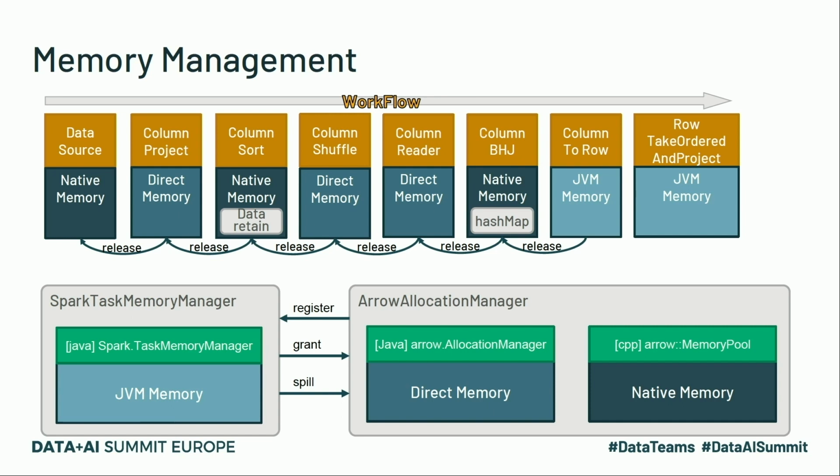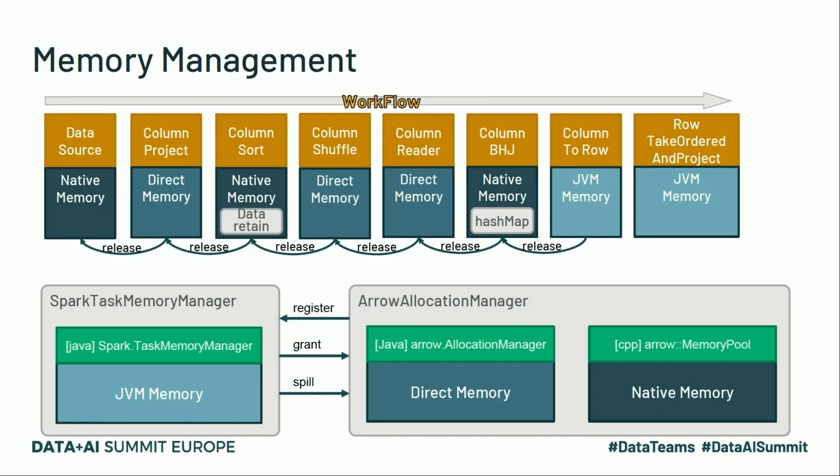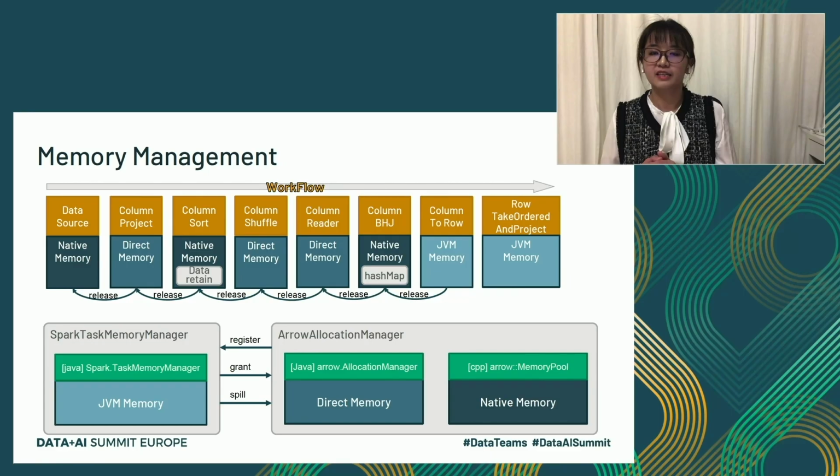In the workflow view, there are 2 types of data that need to use memory: intermediate data and internal data. In Spark, the intermediate data is unsafe row, and in our case, intermediate data is columnar batch.